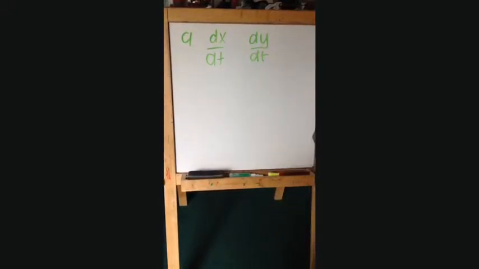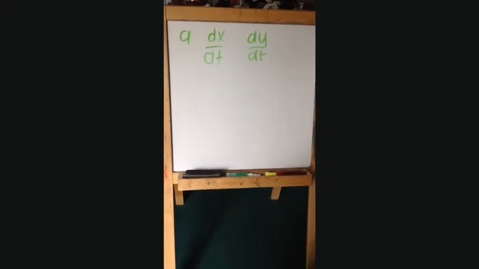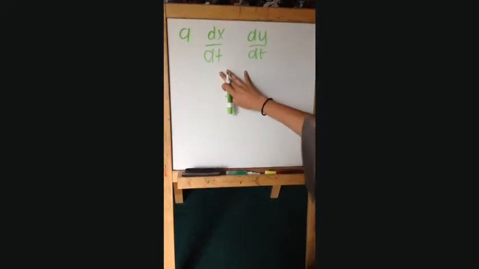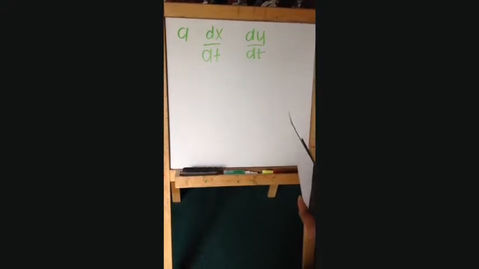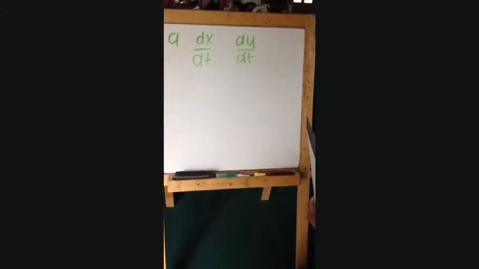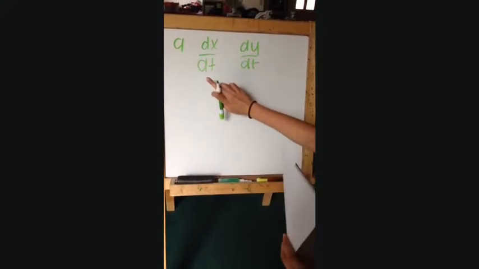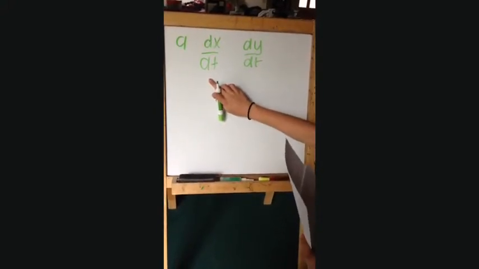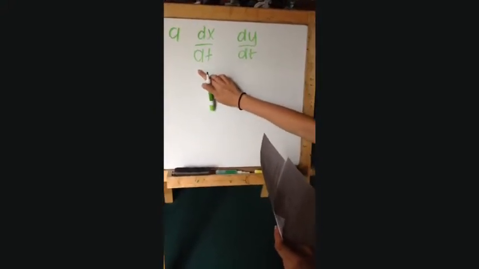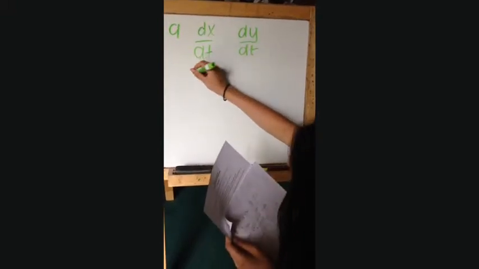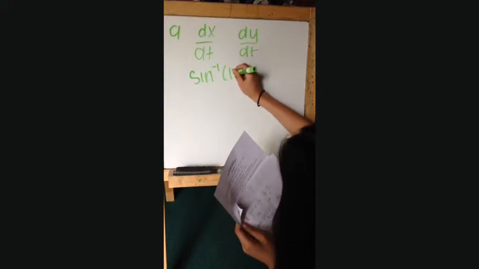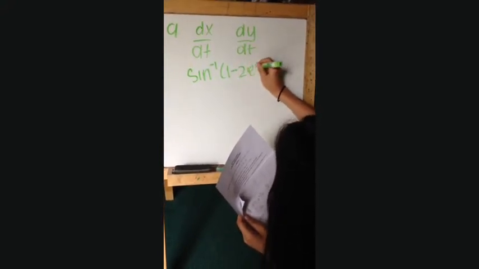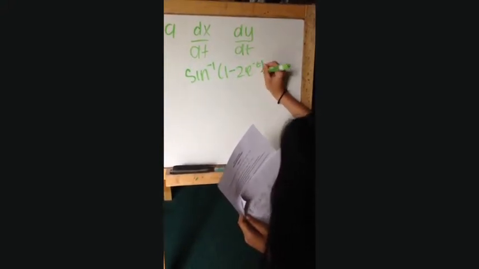Now to find this acceleration, because these are both velocities, you'll need to take the slope of each of these, and because it's a calculator OK question, you'll put into your calculator, using your derivative feature, this equation, dx/dt, which is equal to arcsine of 1 minus 2e to the negative t.